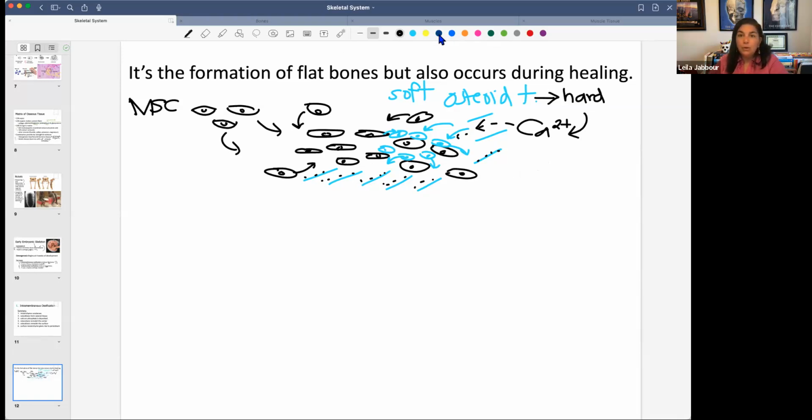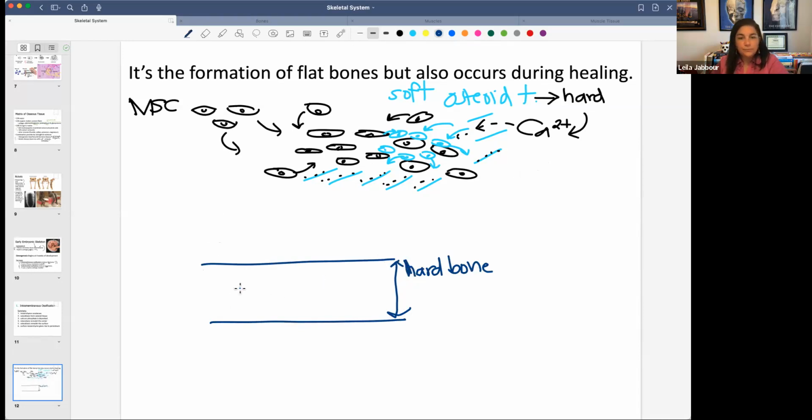I'm going to draw the hard bone in dark blue. So this is your hard bone. All of these osteoblasts turn into osteocytes, and this is just all hard bone.